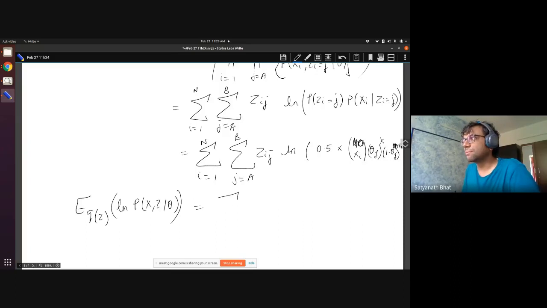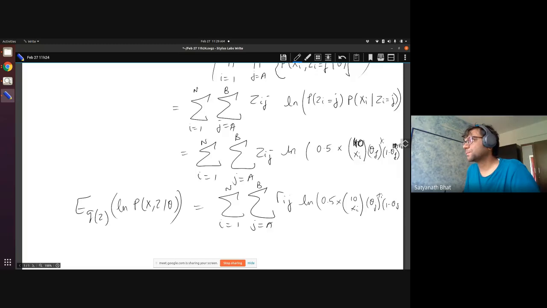What you will get is summation i equal to 1 to n, summation j equal to A and B, gamma ij, which is your probability, and then the ln term will be as it is, 0.5 into 10 choose xi, theta j to the power of xi, all these things will be there, 10 minus xi. Now you have to take the derivative of the above thing, d by d theta A of Q of theta. This is what you will take the derivative over, and that will give you those things.